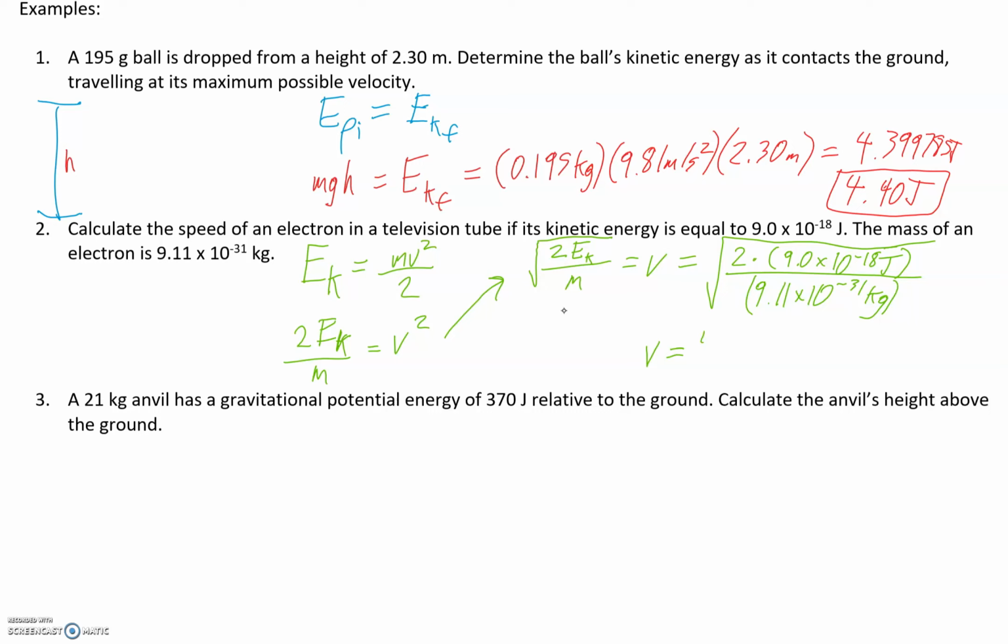The velocity is 4445054 meters per second. How many sig digs? 2 sig digs it looks like. So 4.4 times 10 to the 6 meters per second.